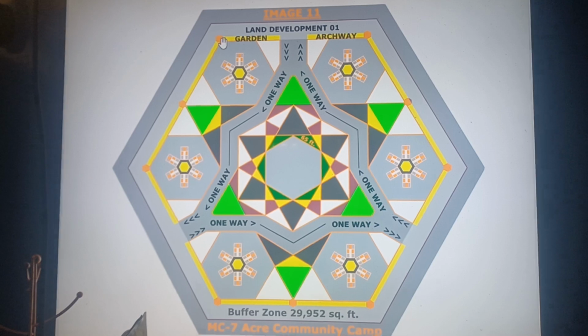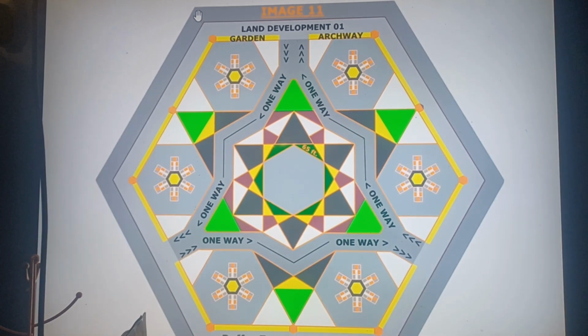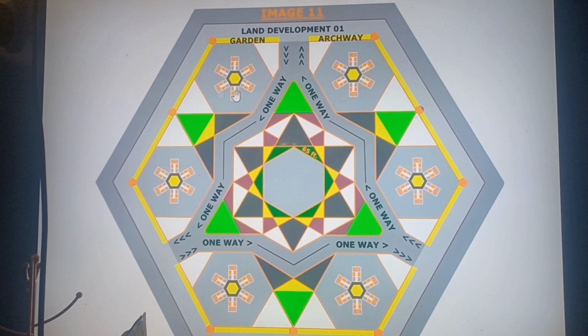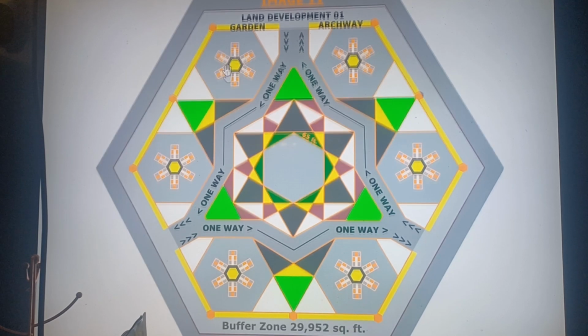So we get 53.5 feet from here to here. And if we want to figure out the hypotenuse, take 53.5 times 0.866025, and you get 46.33 feet going across, right?